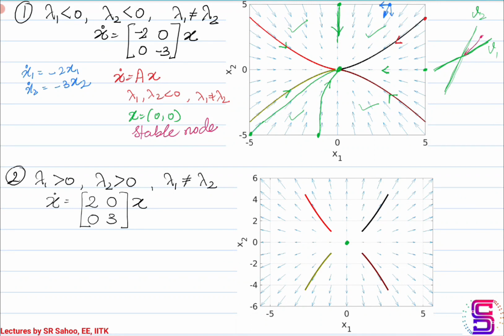But when the eigenvalues are positive, in all sections the arrows point such that the trajectories move away from the origin. So the red trajectory started here and is moving away from the origin. A similar thing is observed for the brown trajectory and the sap green trajectory.